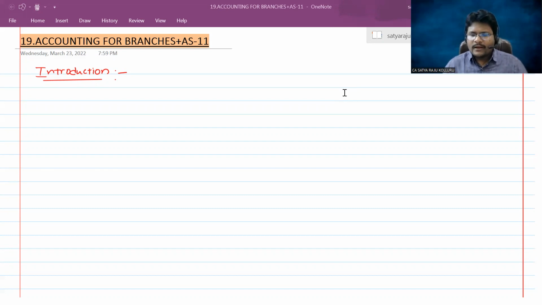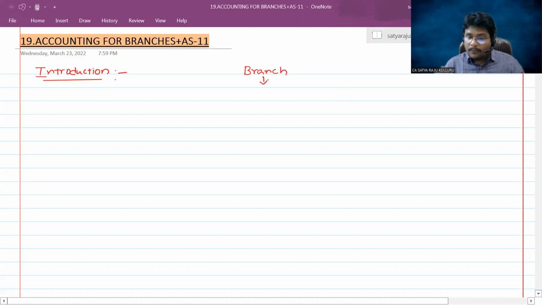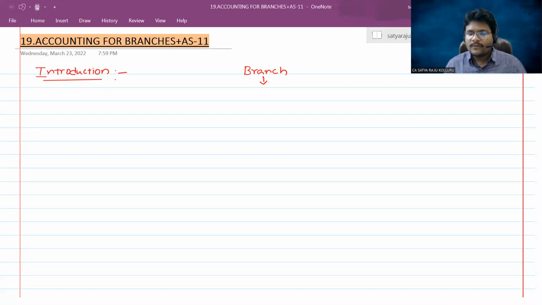Before seeing the accounting aspects, let us start our journey with the meaning of branch. Sir, what exactly is the meaning of branch? Or before that, why is the term branch generally used in the case of business enterprises? Any business organization's objective is to satisfy their customers and get huge profits out of their business activities.